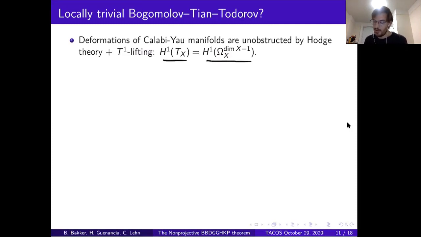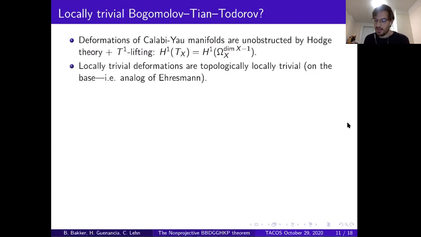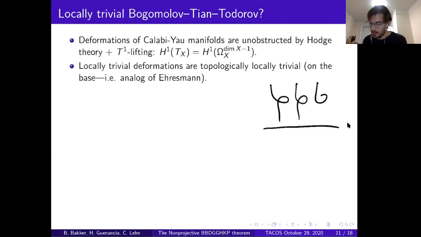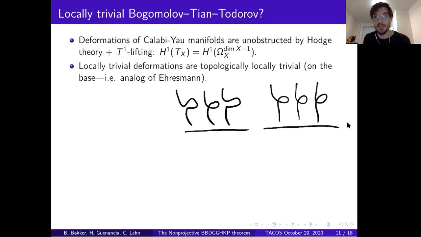Okay. So that's why locally trivial deformations are important to consider in the singular case, because locally trivial deformations are topologically locally trivial. In other words, there's an analog of Ehresmann's theorem. So if I have a locally trivial family, it's a topologically trivial family. This is, of course, not true for flat families. For instance, if I have a family of elliptic curves degenerating to a nodal curve, then this is obviously not topologically a bundle.